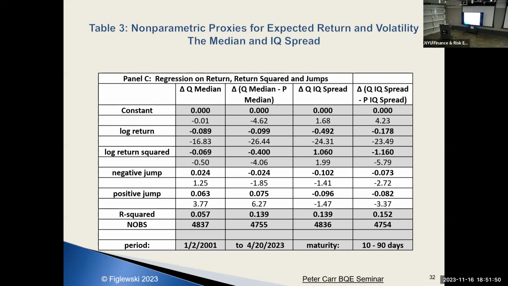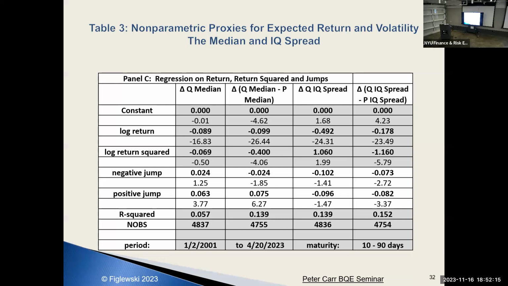A negative jump, the market goes down, times the negative jump is negative, right? Times the negative coefficient says that the Q interquartile spread widens relative to the P, and with a positive jump, it gets narrower relative to the P. So this is kind of what we're anticipating. All of this stuff, I think, could bear further look at some of the detail.